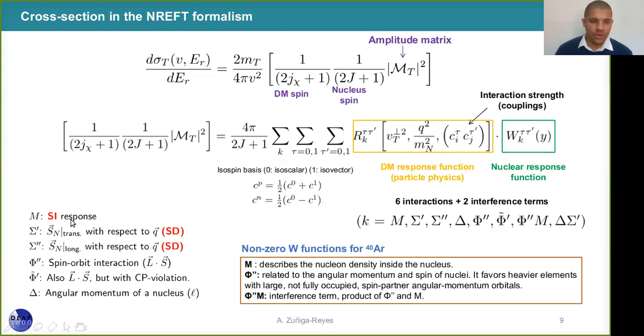I list here briefly the meaning of the interactions, but I would like to focus on the non-zero W functions for the argon, which are the M response that describes the nucleon density inside the nucleus, the phi2 prime that is related to the angular momentum and spin of the nuclei, and favors heavier elements with holes in the orbitals. And this phi2 prime M, which is an interference term, is just the product of these two functions, responses.